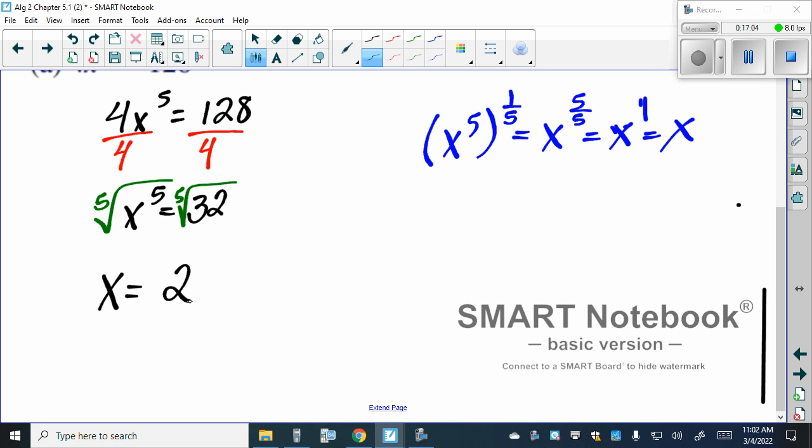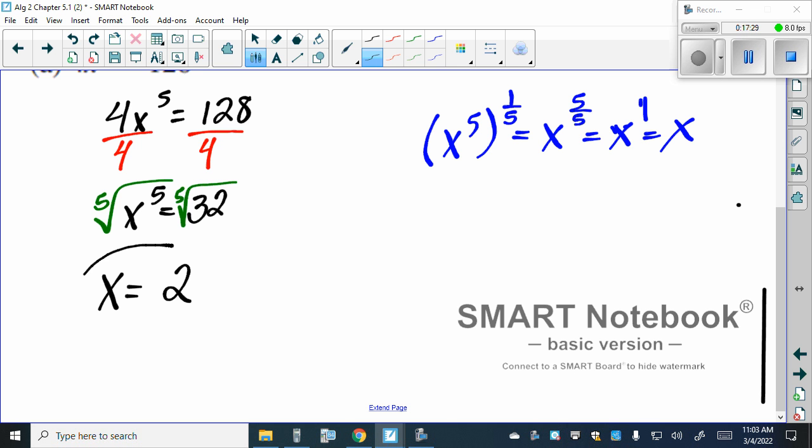Now, did we take an even root or an odd root? An odd root, yes? And like we saw yesterday, if we take the odd root of a negative number, we have one real solution. If we take the odd root of 0, we have one real solution. And if we take the odd root of a positive number, we have one real solution.